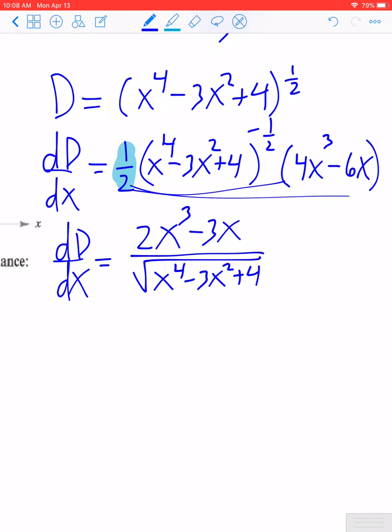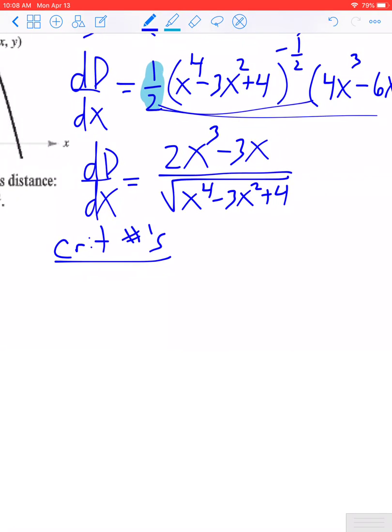So we have our derivative. The next thing we want to look for is our critical numbers. So we would want to see where the derivative is equal to 0. If I set this function equal to 0, we would get the following.